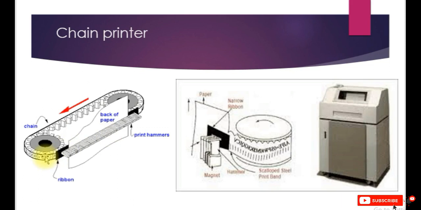Similar concept here. So you have this chain mechanism, and here you have the print hammers, which are basically these mechanical elements that have the characters embedded at the end, and printing takes place through these hammers striking the paper, and of course there's a ribbon there, so the impression of the character as it prints would be made on the paper.